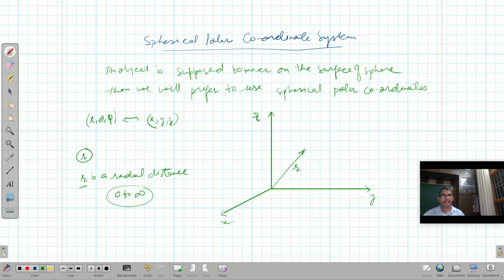The unit vector of this radial vector is this one, and let me call it r cap. Now suppose this r is making an angle theta with z axis, right? So let me talk about theta now.